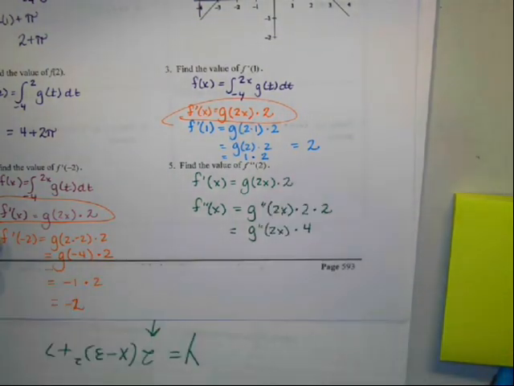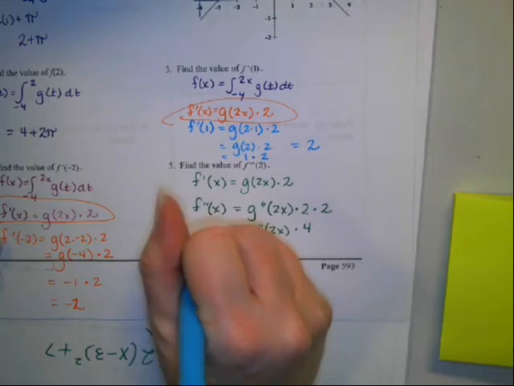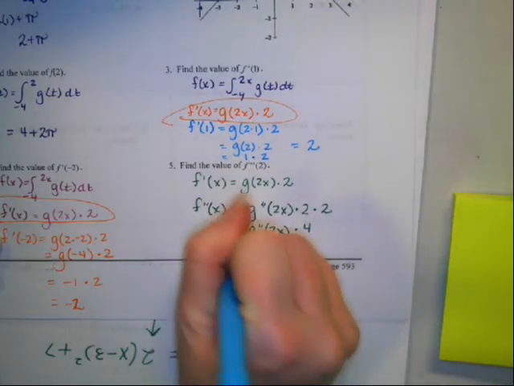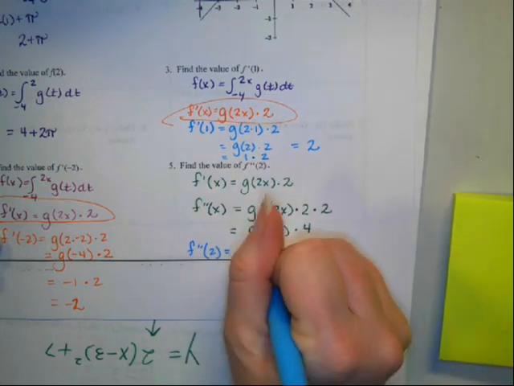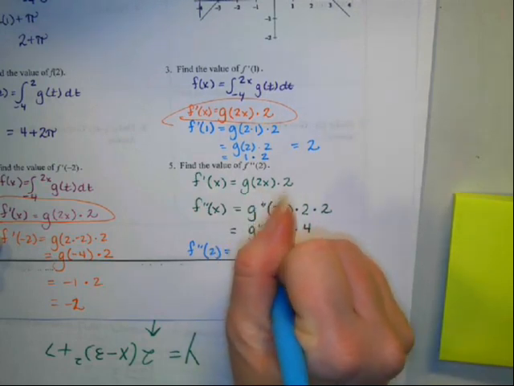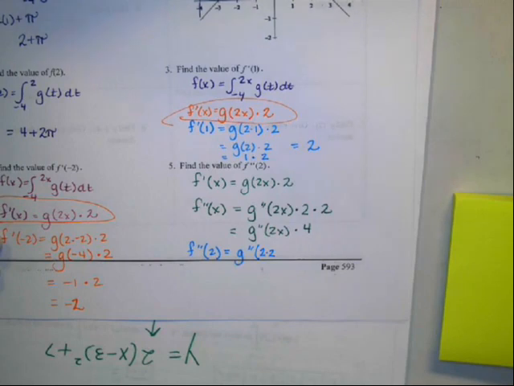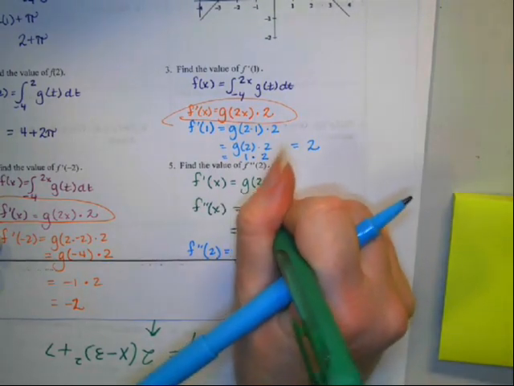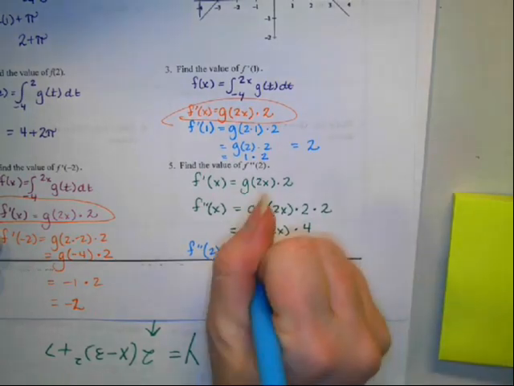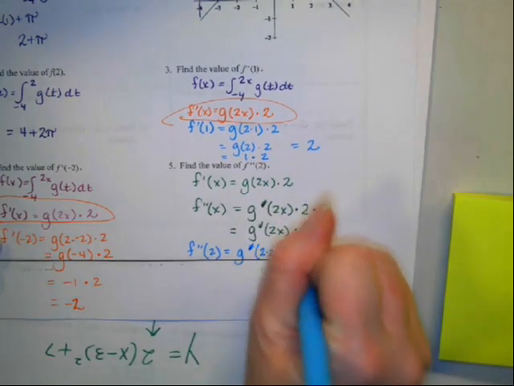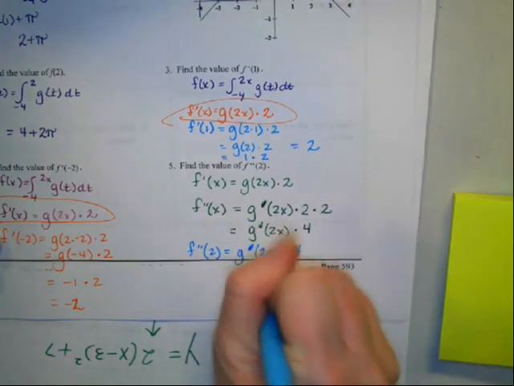And we need it for 2, so f double prime of 2 is going to be g of 2 times 2, not double prime, I'm sorry, that's just g prime. We have to take one derivative. Times 4, so g prime of 4 times 4.